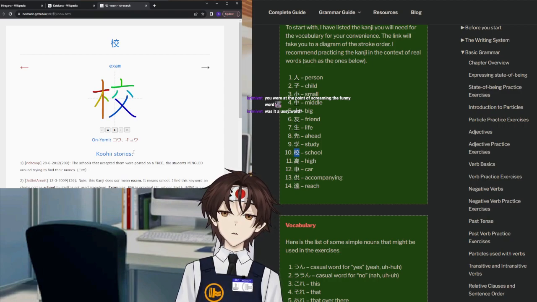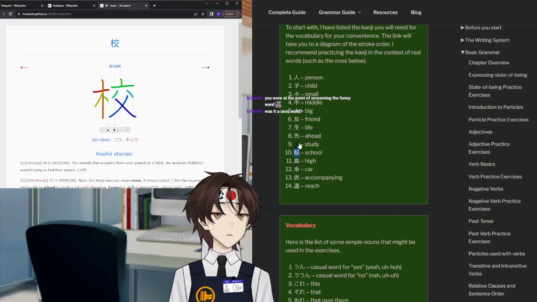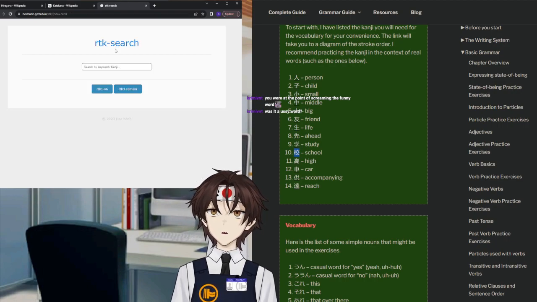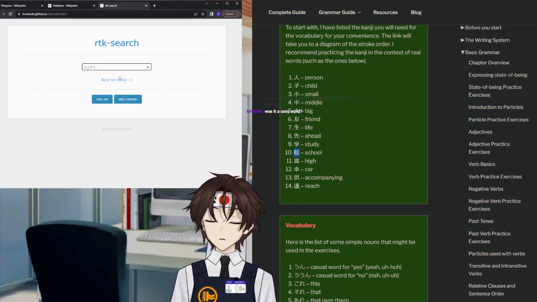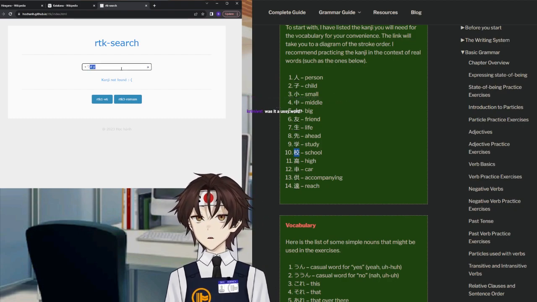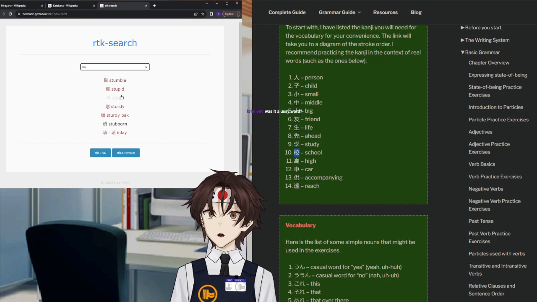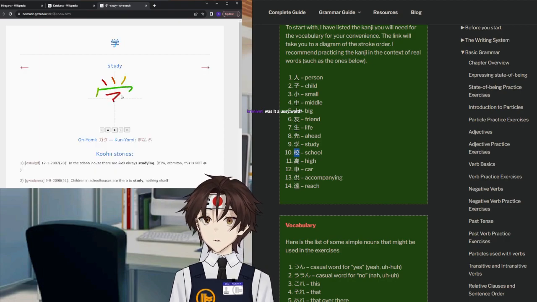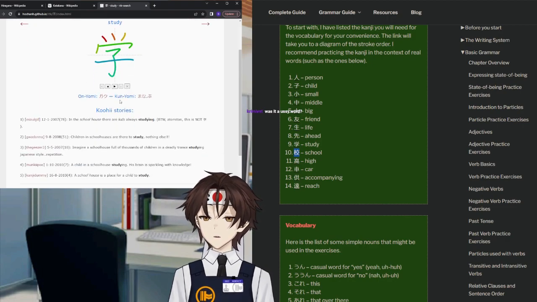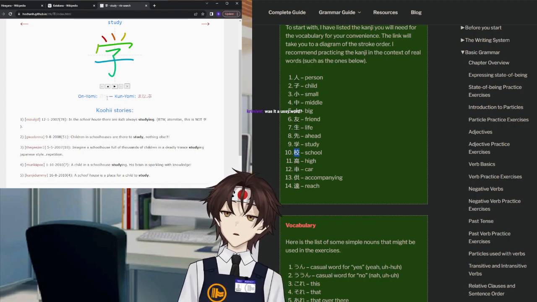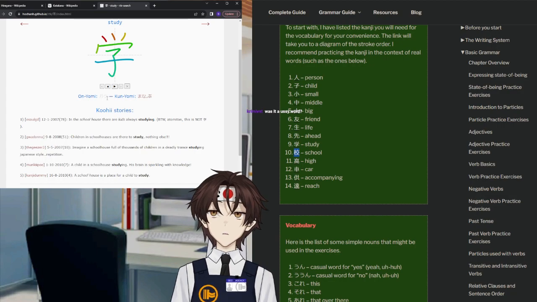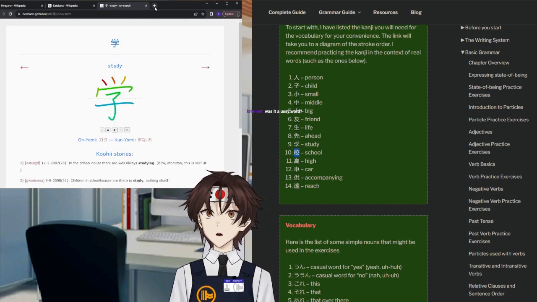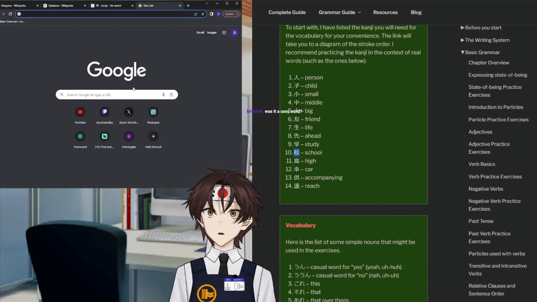Okay. But study is, as I type study, my goodness. Study is gaku. But they combine it with the other study, or with school.